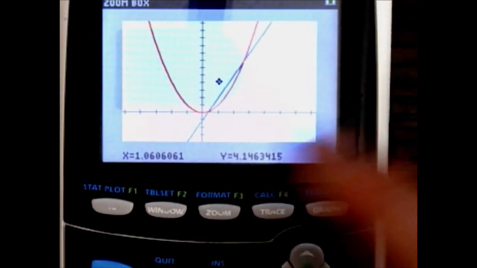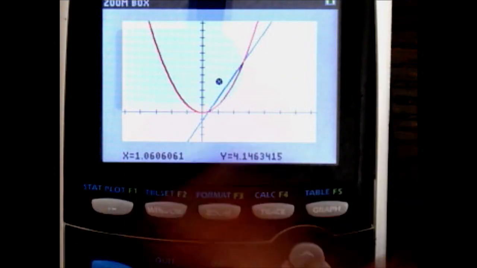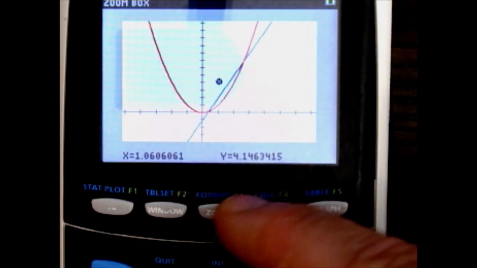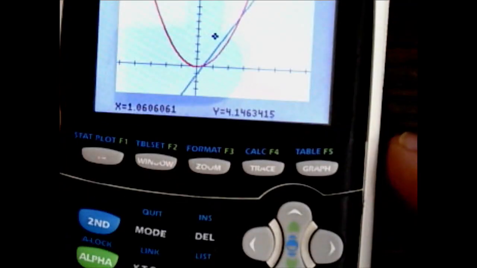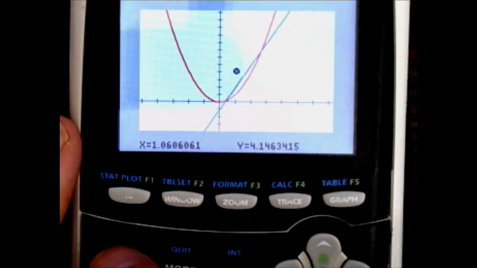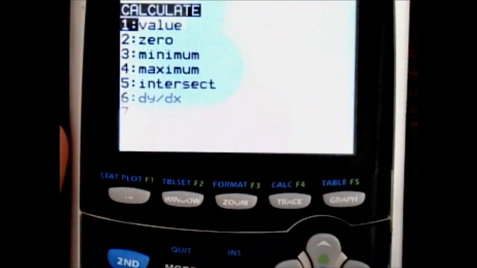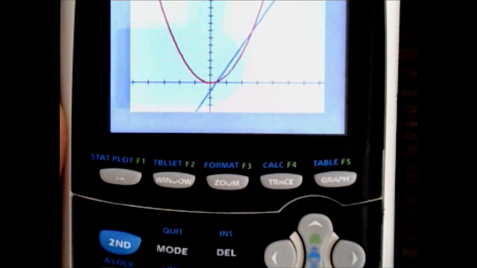Now if you want to have the X values be decimals as you move along, you can hit zoom 4. Now let's say you want to find an X value. Just hit second trace 1, and now you can type in any value you want and it'll tell you what the Y value is. And you can just do this all day.